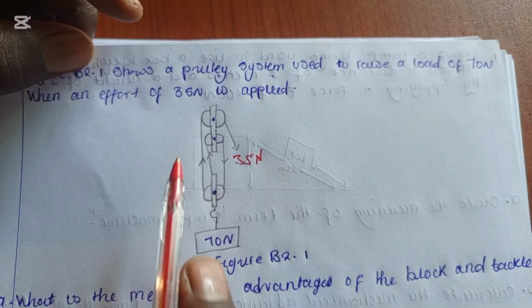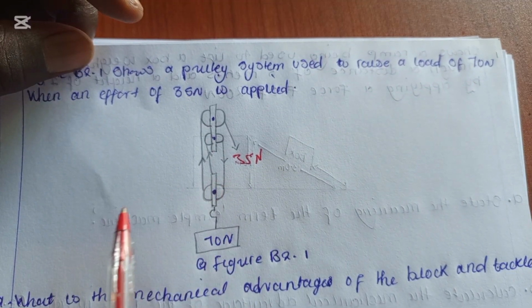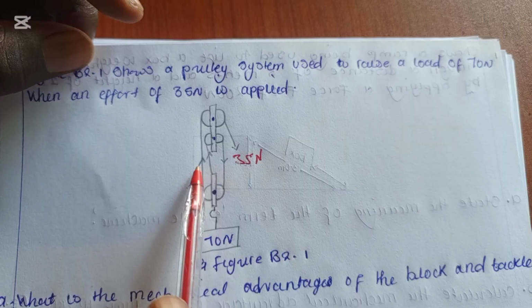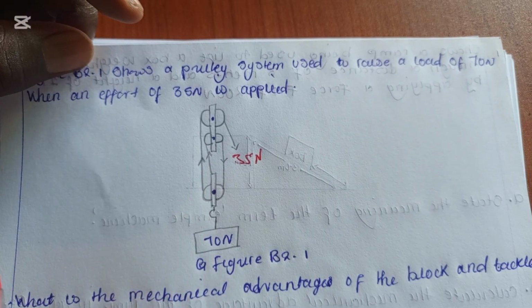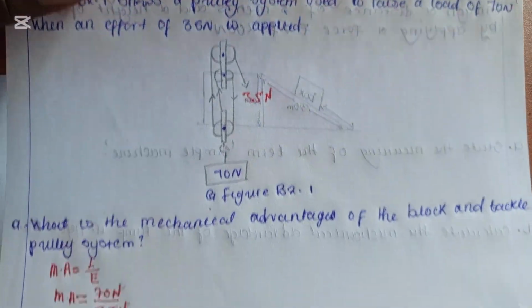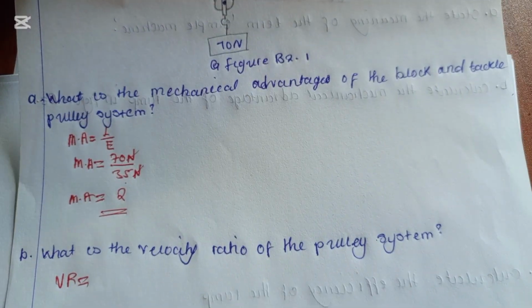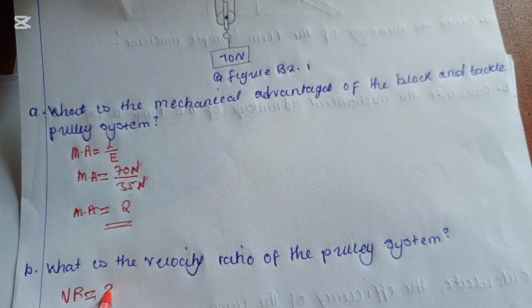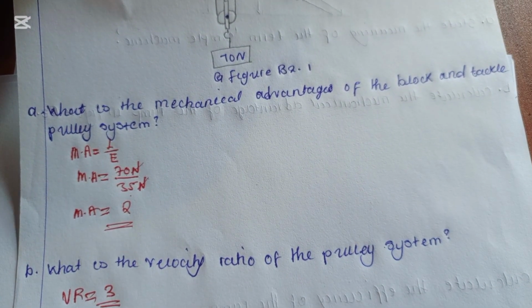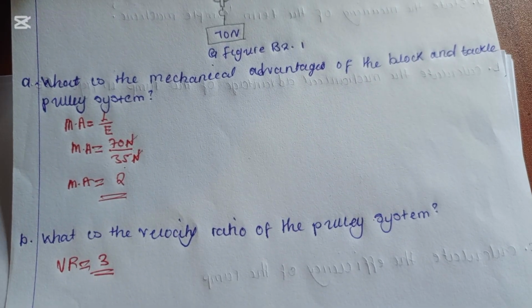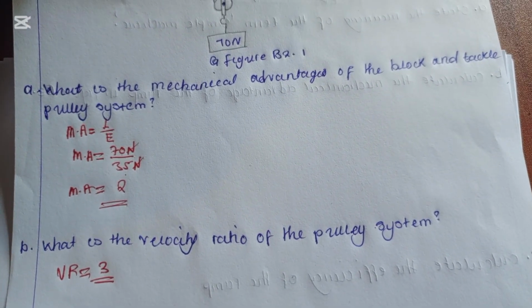So the answer here is 3. Or if you want, you can count the number of ropes. So 1, 2, 3. The answer still remains 3. So we'll say VR is equal to 3. And note that the velocity ratio has got no SI unit as well, just the same as mechanical advantage.